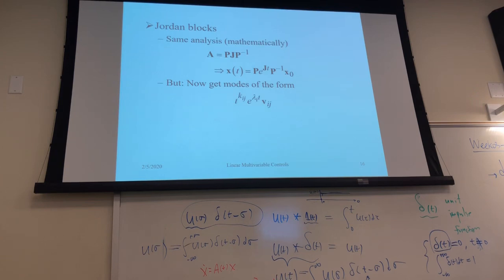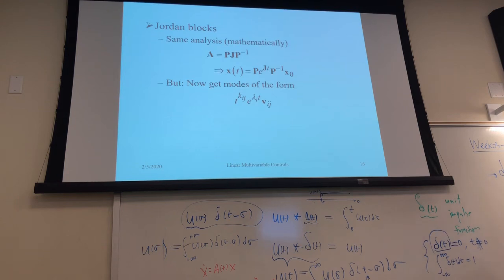So you get modes of the form like this. Do you see something different? You have this one and here, t to the power of k_ij and e to the lambda_i t. So this is your distinctive eigenvalues. But you also have this term, which grows polynomially with t, but this is exponential.